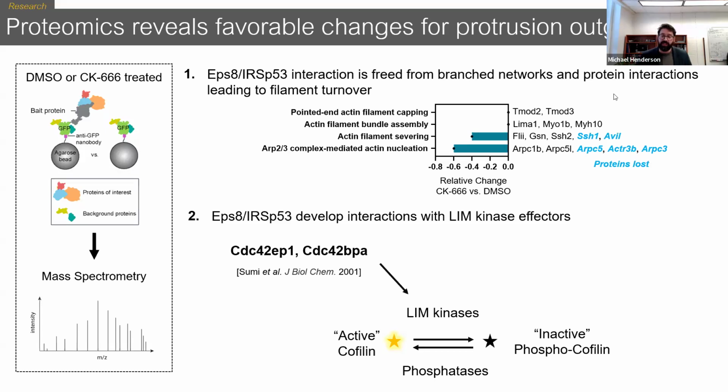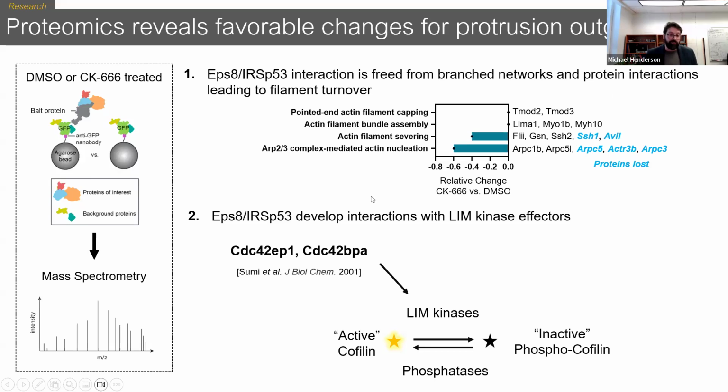We also see some reduced interactions with proteins that I mentioned at the very beginning that cause depolymerization of actin filaments within the cell. These proteins are part of the cofilin, gelsolin, advillin family that cause disassembly of actin filaments, and regulators that turn on severing, which are these phosphatases.